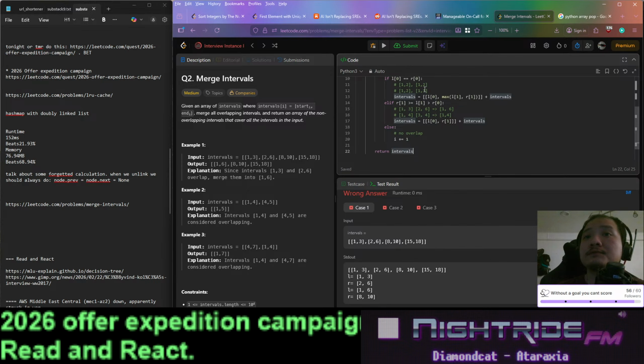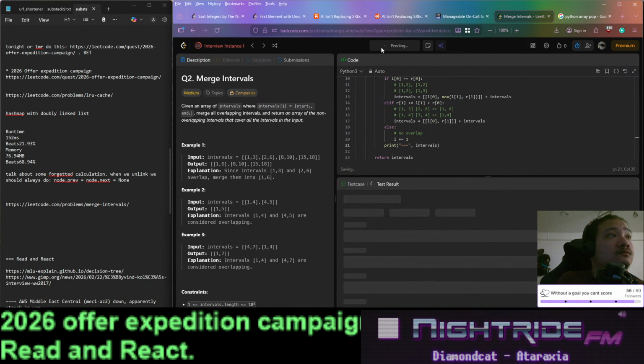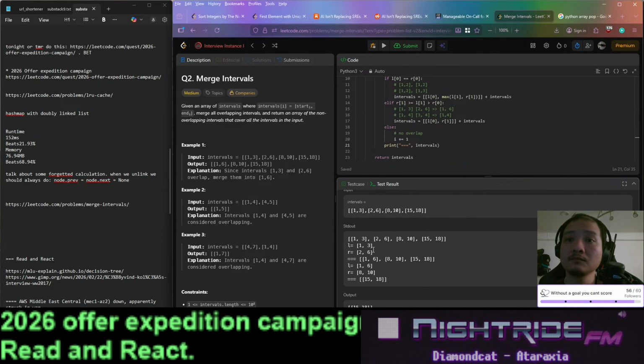So let's print the overlap before and after. Okay, 1 6, good.